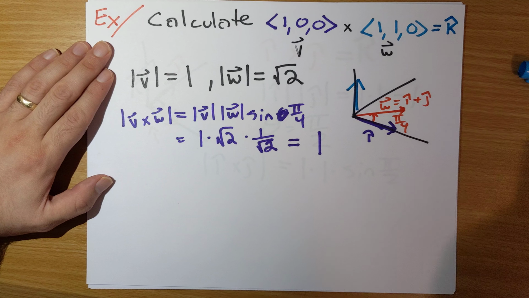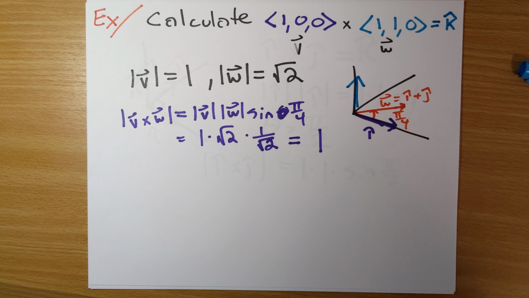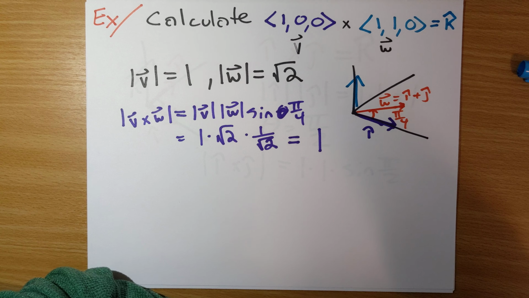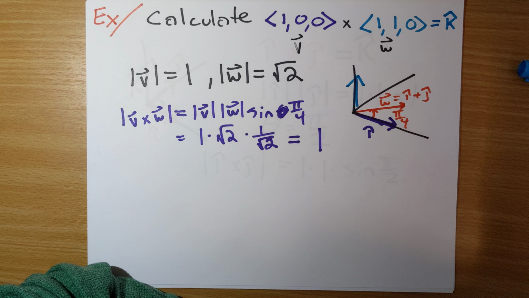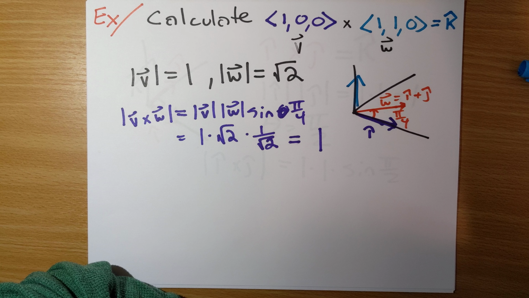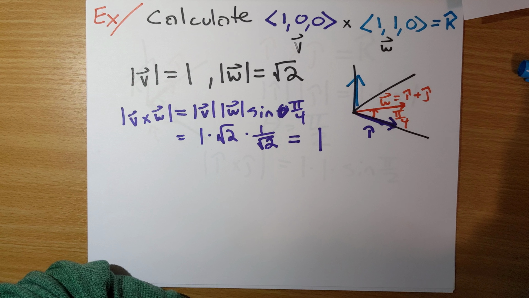That's going to be k hat. So this is an alternative way that we can compute this. And I should say, if you verify this using the I hat, j hat, k hat relations in the previous video, or just crunch out an entire 3x3 determinant, you should get to the same place.